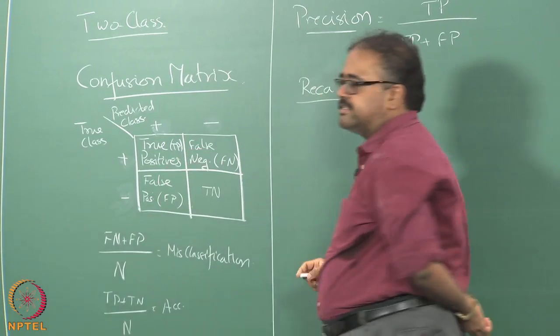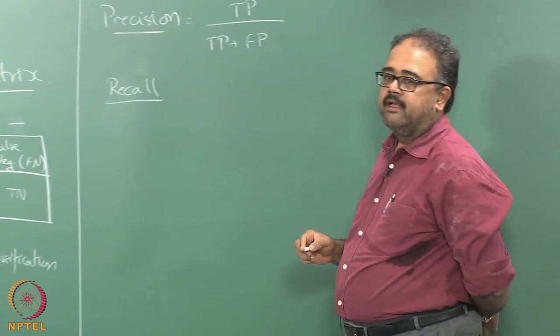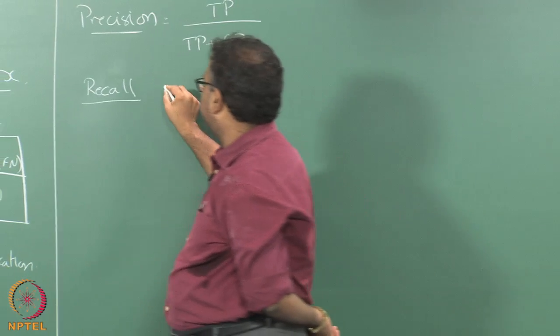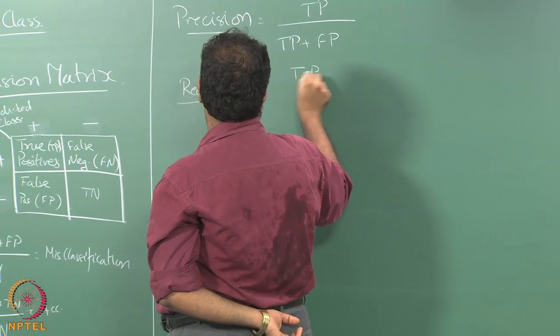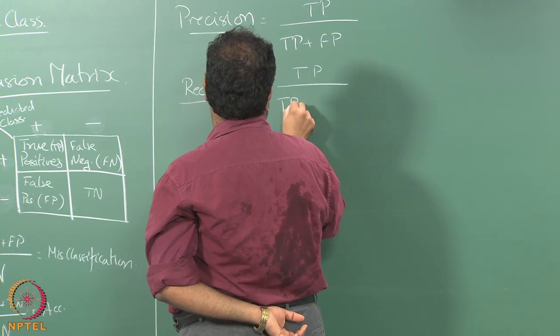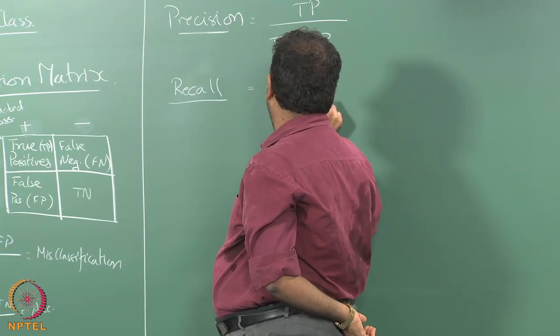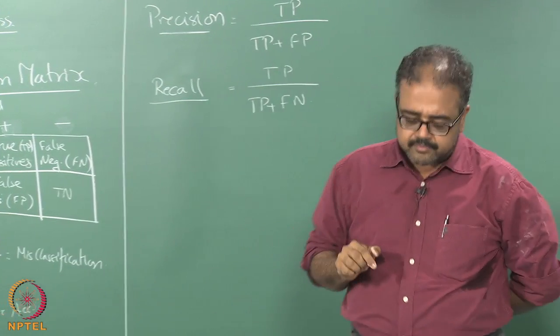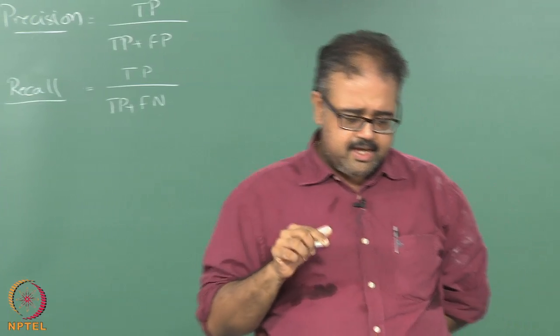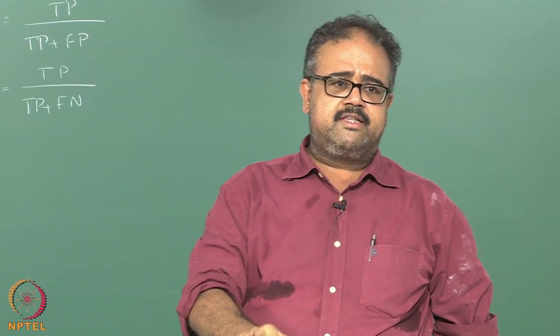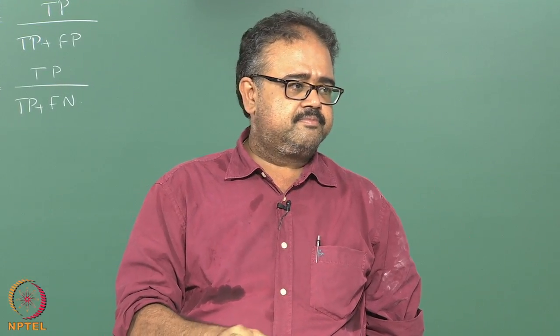So there is a complementary measure for precision known as recall, right. So what is recall? False negative. Essentially there are so many positive points in the data, right.